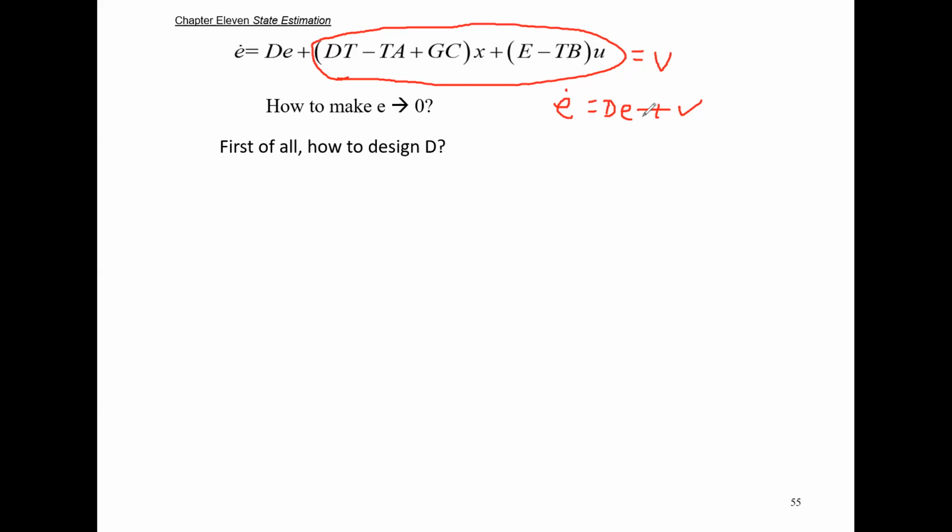Remember, e is a vector, so D has to be stable. D cannot be unstable; unstable will not make e go to 0. So D is stable.